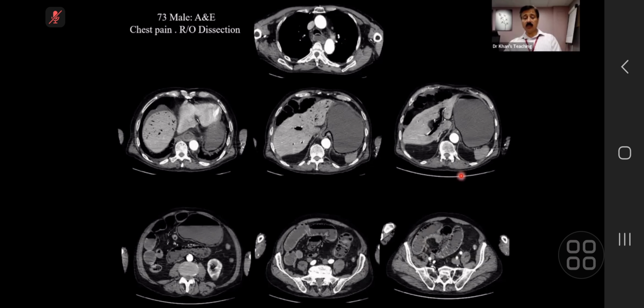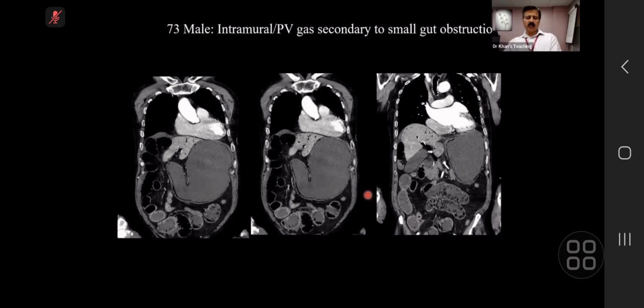This patient was clinically quite well and radiologically speaking very bad. Ultimately did surgery. Irony is that the patient developed some complications, and I think 3 weeks down the road he died. So in any case, this is another mechanism of gas going into the wall of the viscera.